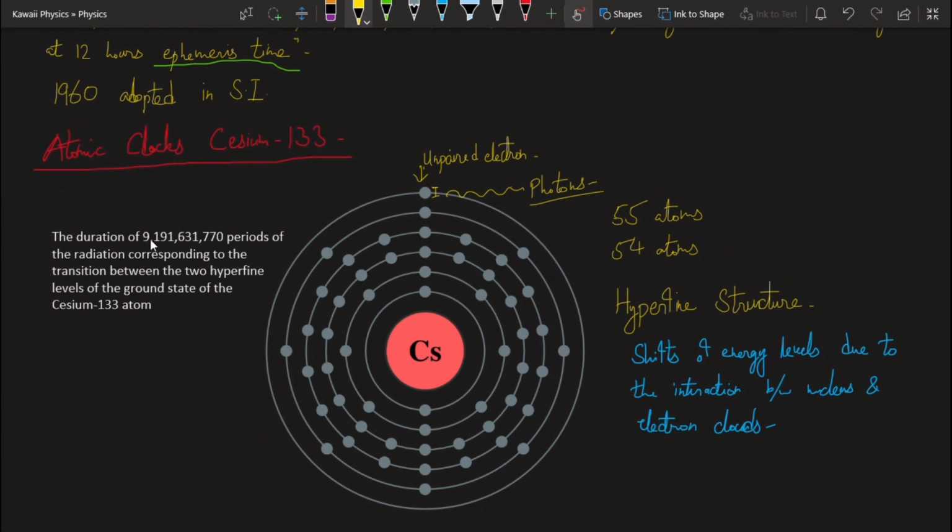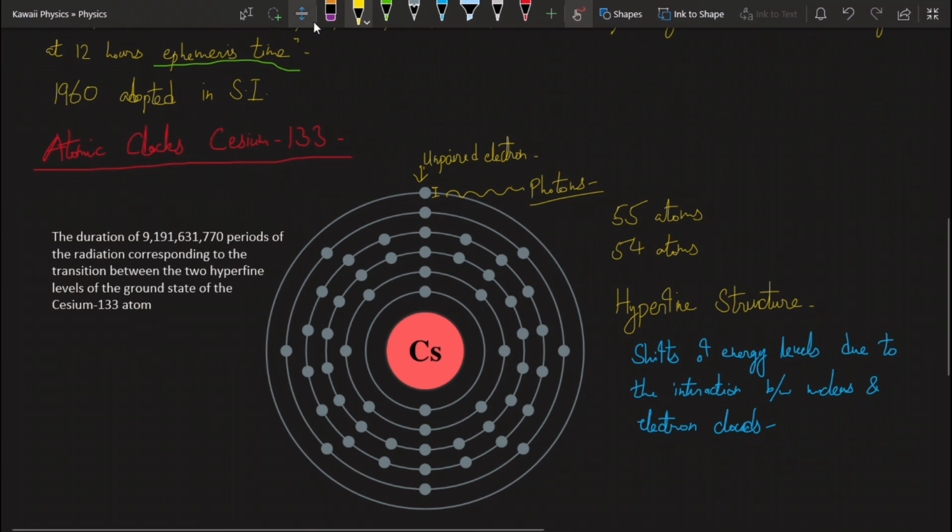We get 9,192,631,770 periods of radiation in the boundary of the two hyperfine levels. So that is what it's saying: approximately 9 billion periods of radiation in these two hyperfine levels of the ground state of the outermost, the 55th electron of the cesium-133 atom.